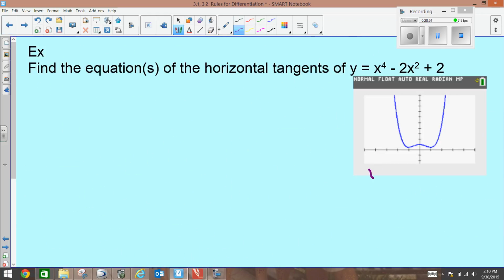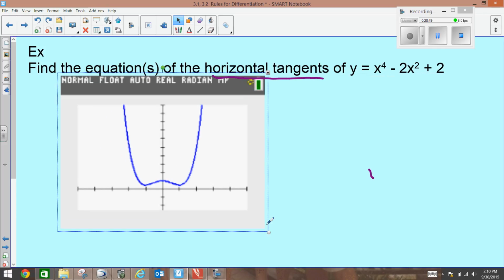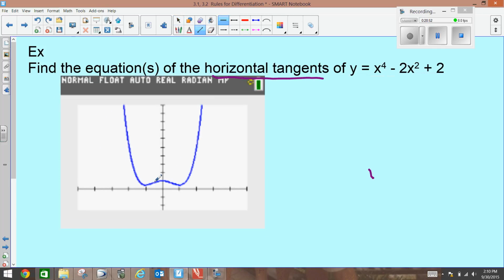Okay, so find the equation of the horizontal tangents of f of x equals x to the fourth minus 2x squared. So horizontal tangents are like, I know yours is drawn in there. I erased mine because it was too distracting. If you have a horizontal tangent here, you've got one down here, and you've got one down here, we're trying to figure out where they are.